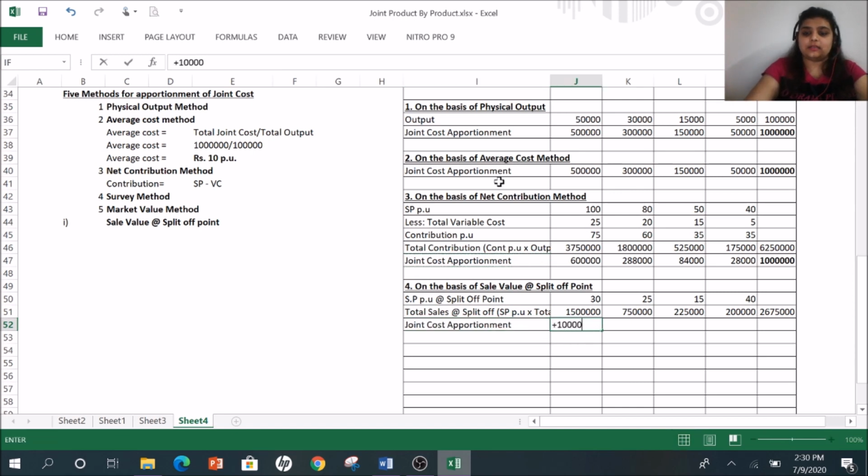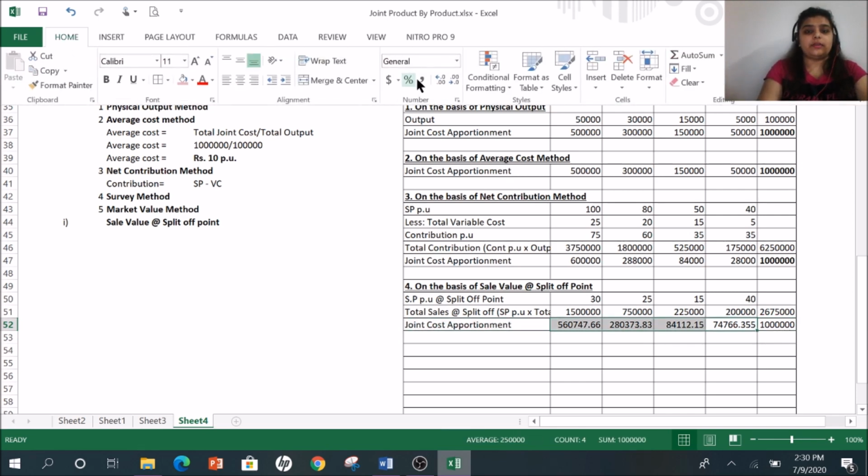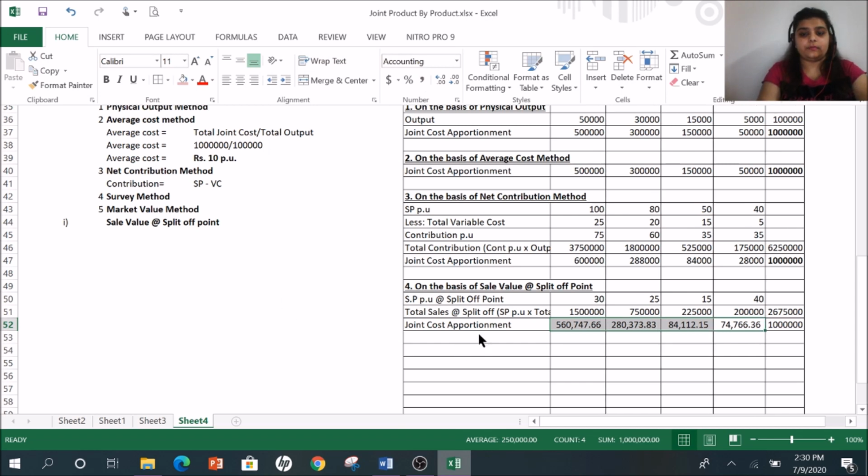So 10 lakhs into 15 lakhs divided by 26,75,000. Similarly for others as well. So we get a total of 10 lakhs. So the distribution is on the basis of sale value at split off point.